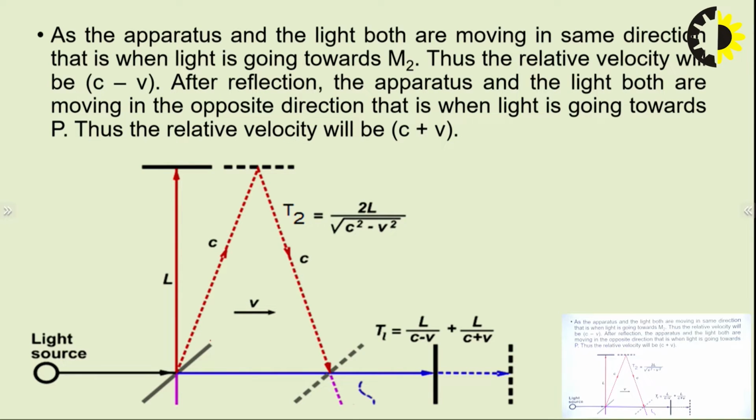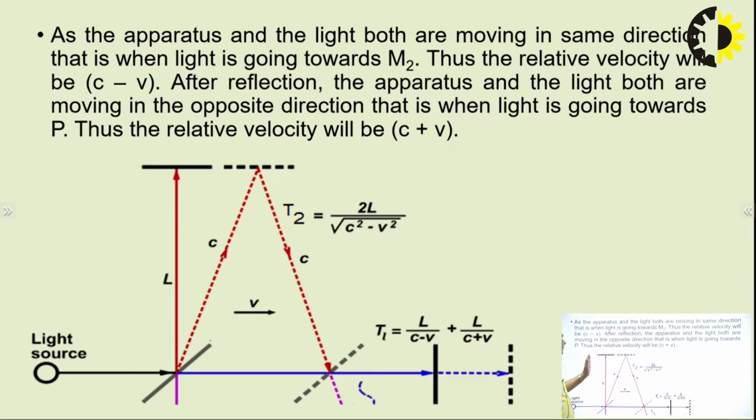Now what are we observing? Initially the light beam was moving from this partially silvered glass plate towards the upward mirror. The distance between this glass plate and the mirror is L. Now what happens? When the light beam moves towards this mirror M1, let's say it takes a time t. In the same time t, our Earth will move in the left to right direction with velocity v.